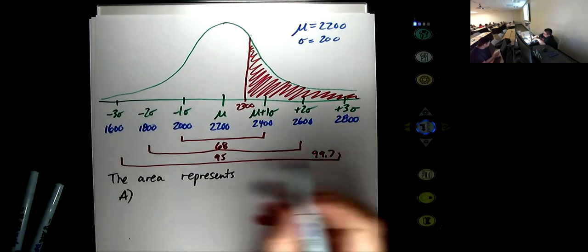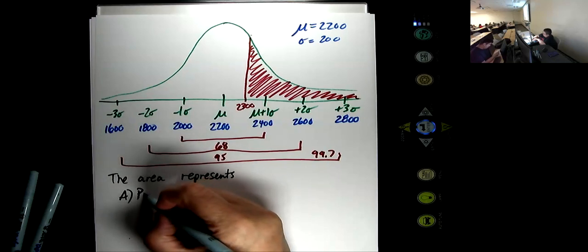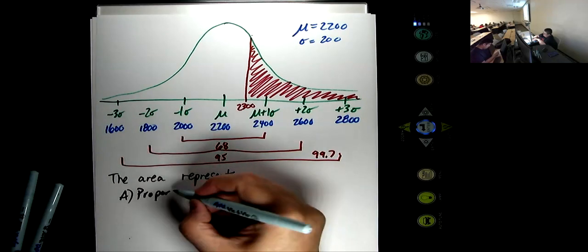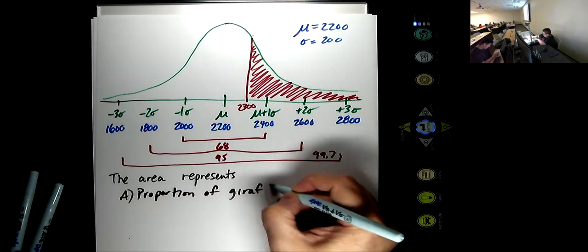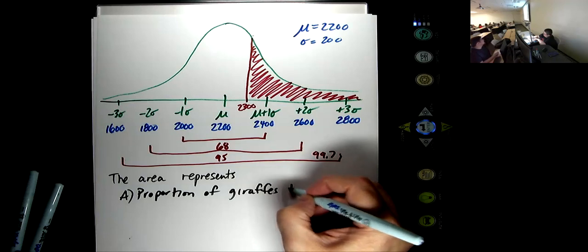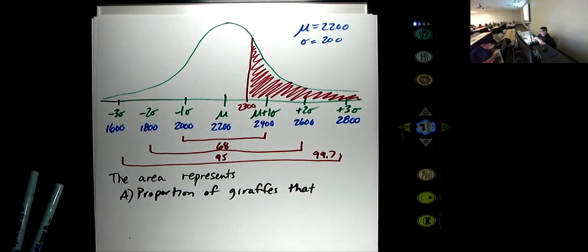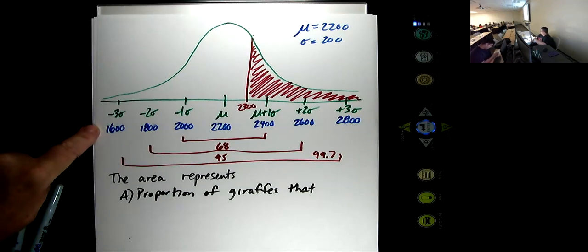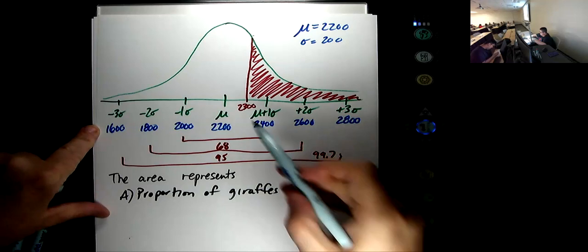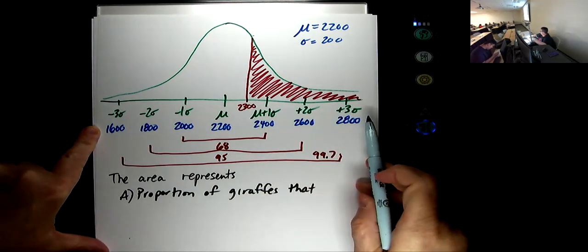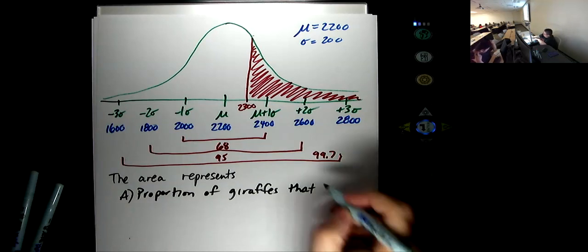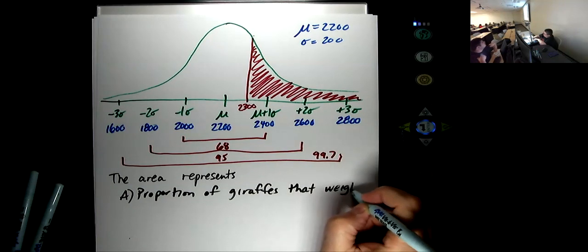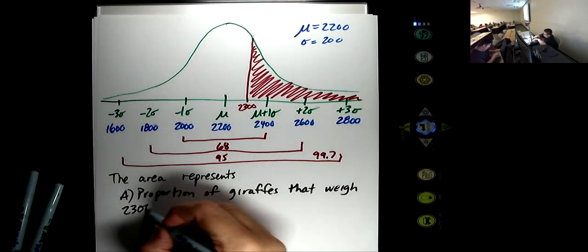The homework is probably going to ask you what they both are. The proportion of giraffes that, well, this represents weight. And the numbers to the right of 2300 are larger than 2300. So it's the proportion of the giraffes that weigh 2300 pounds or more.